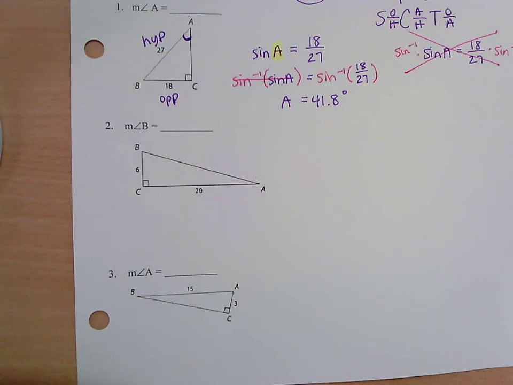You might have to type in 18 divided by 27 first. Enter, and then do shift inverse. So just make sure you hit enter before with the division mark.